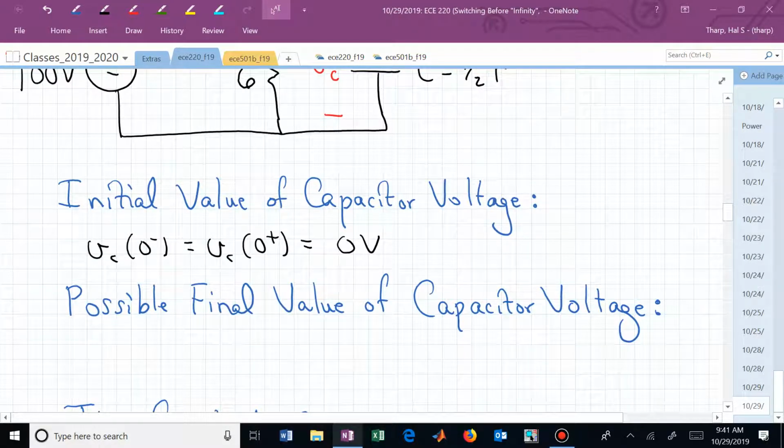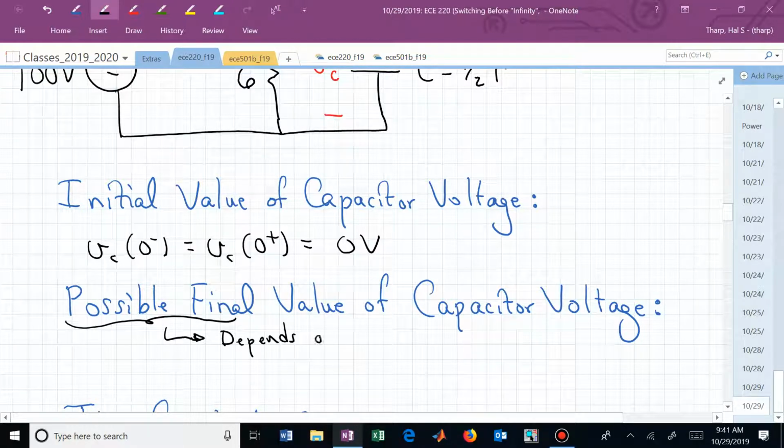And here, when I'm saying possible final value, I'm saying that this actually depends on infinity or on 5 time constants, but we're not going to worry about that right now in finding its final ultimate value.